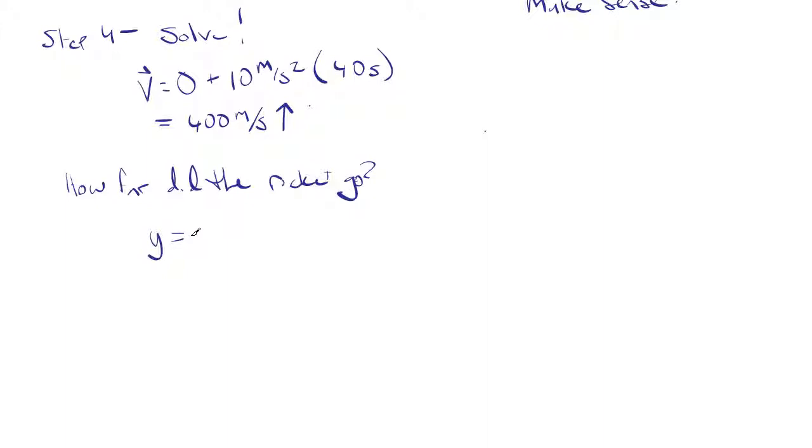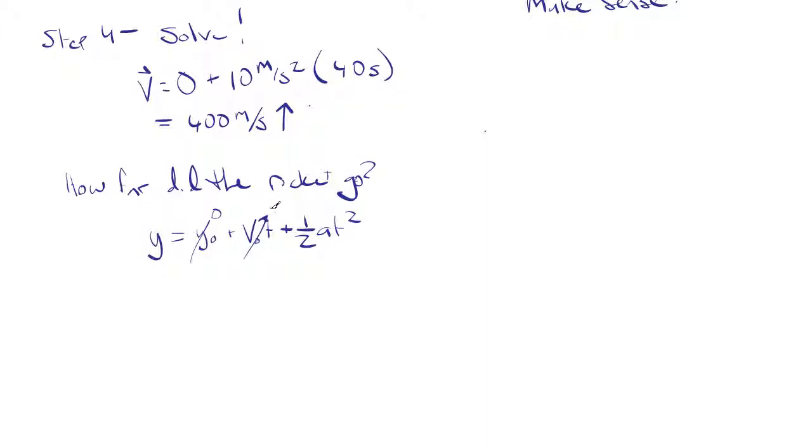I'm not using x in this setup. I'm using the variable y for position. So I'm going to use the equation y is equal to y naught plus v naught times t plus 1/2 at squared. All right, so that's what my position is going to be. Now, I know this is nice because my initial position I set as 0.